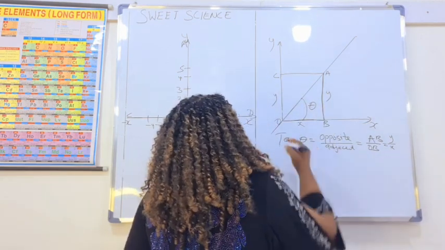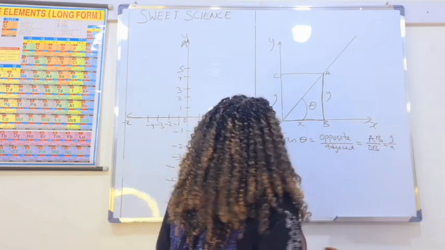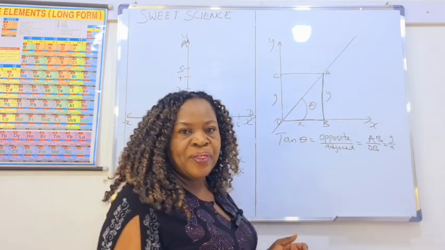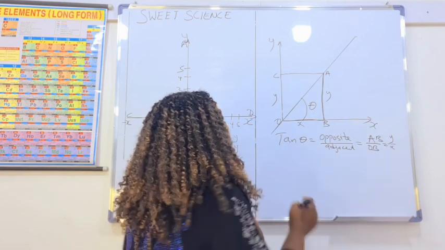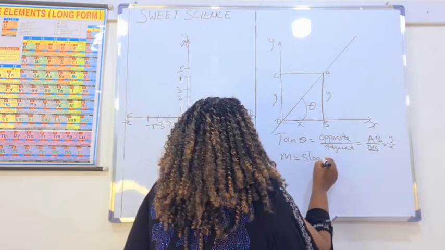Now, this is our slope, and we can give our slope a name. It's a constant. We can use M to represent our slope.